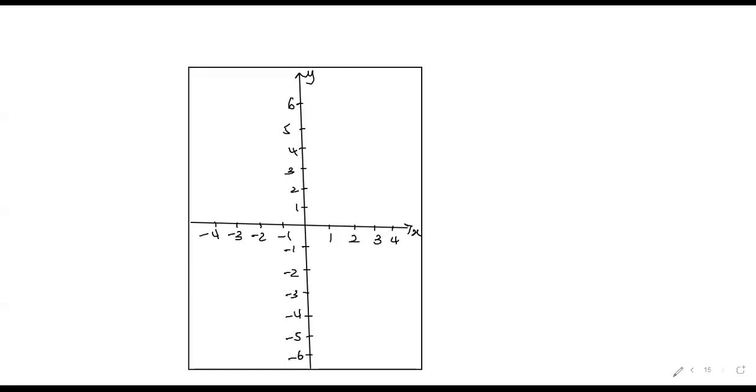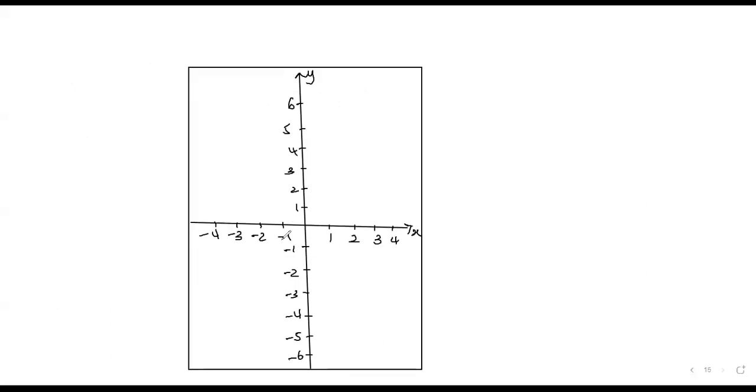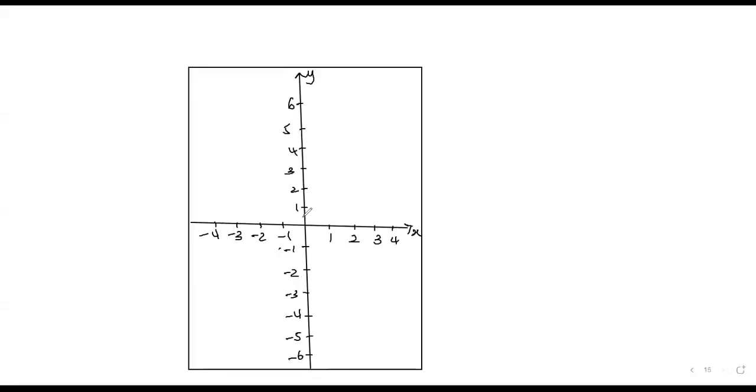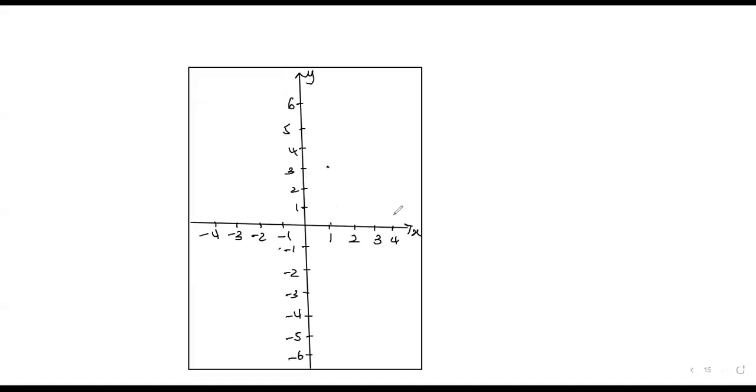Right. So then we will take the coordinates quickly. Negative 1, negative 1, and 0, 1, 1, 3, and 2, 5. Then you draw the line.